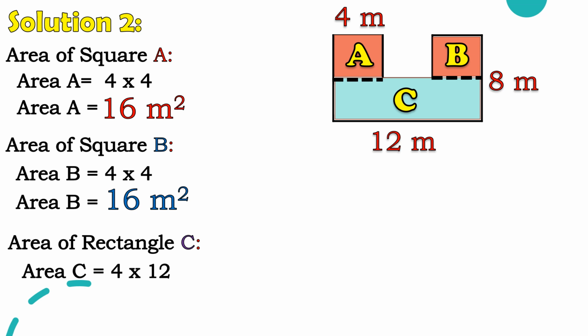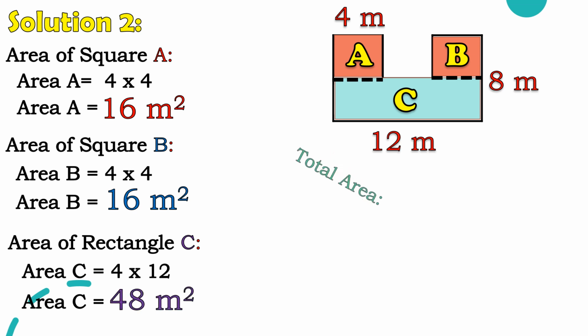But since hinati natin siya sa may part ng square B, ilan ang kalahati ng 8? That's right, it's 4. Kaya, 4 times 12. So, area of rectangle C is 4 times 12 is 48 meters squared.